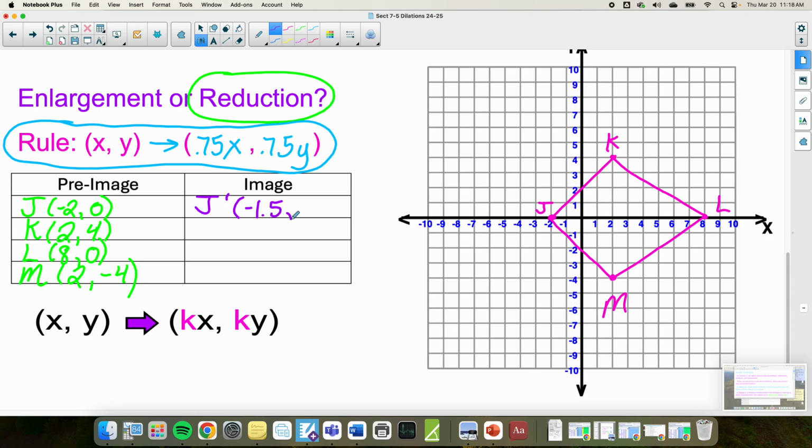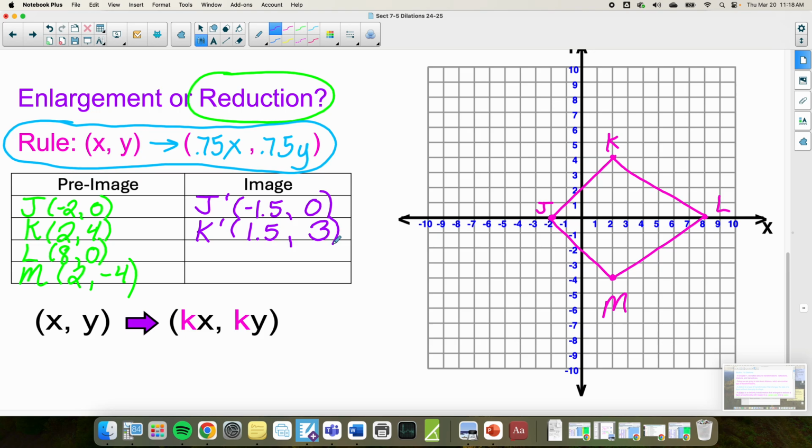Okay? Then you would take 0.75 times 0, which is just going to be 0. Right? Now I'm going to do K prime, and I'm going to go 0.75 times 2, which would be 1.5. And then 0.75 times 4 would be 3.